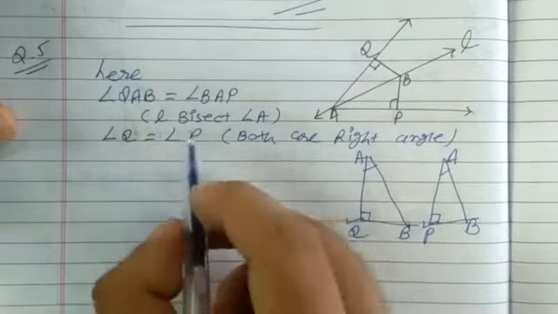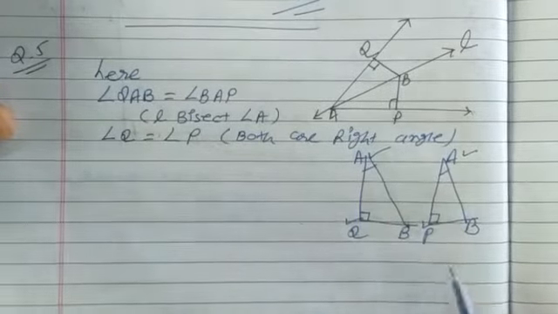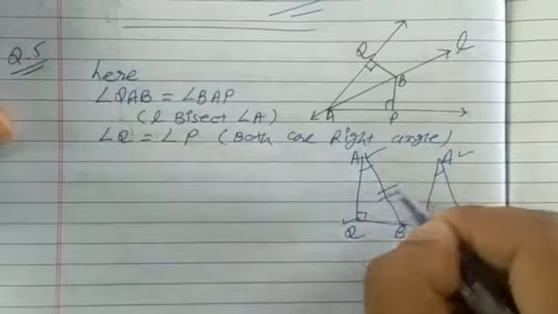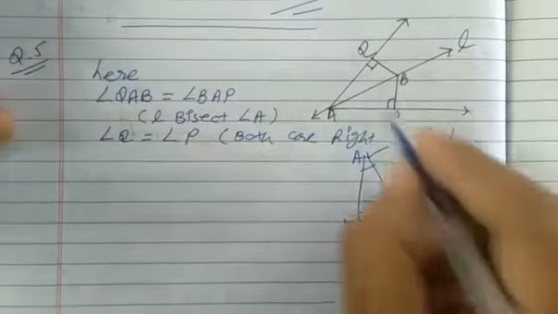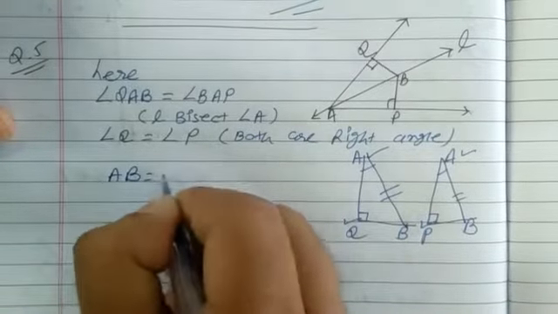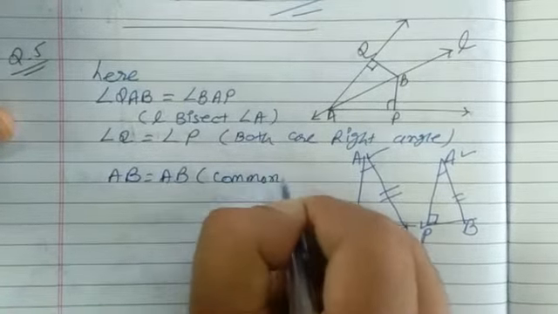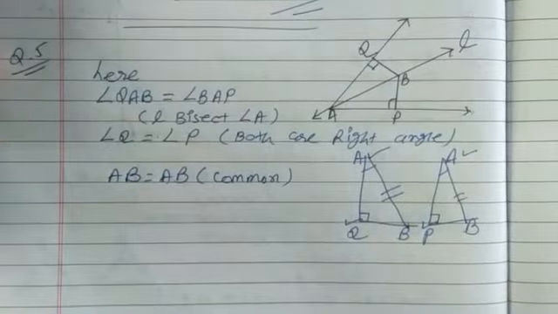Second, this and this are both equal. The third one is AB and AB, which are common. So you can write AB is equal to AB because of common. Am I right?